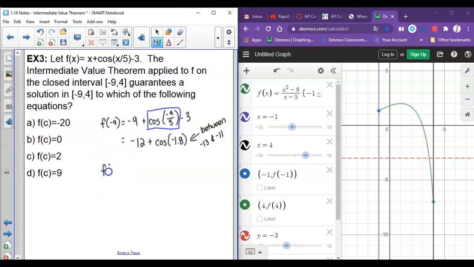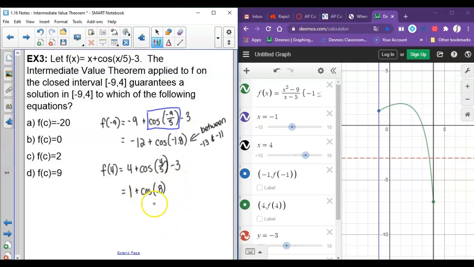If we find f of 4, we're going to have 4 plus cosine of 4 over 5 minus 3. And so that's just going to be 1 plus cosine of 0.8, or you can leave it 4/5.